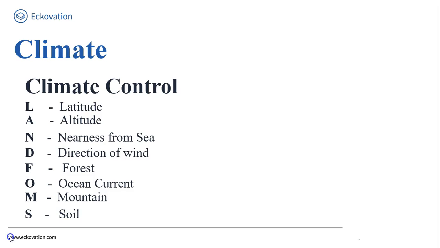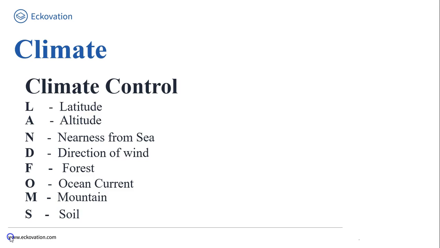Friends, the direction and pressure of the wind system of any area depends basically on our two previous controls, that is, latitude and altitude of the place. Thus, it influences the temperature and rainfall pattern in that particular area.